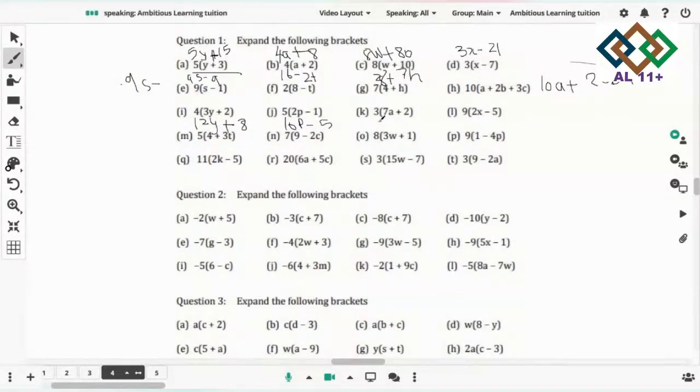Then for k, it's 21a plus 6. Then L is 18x minus 45.